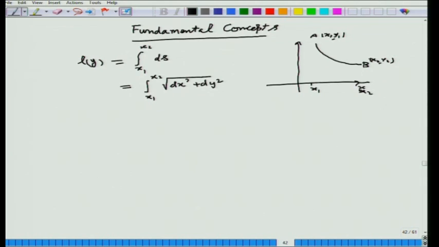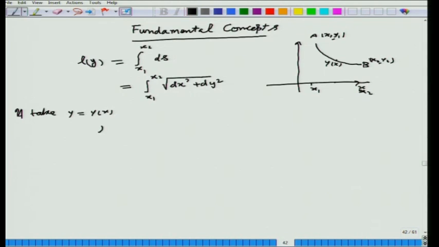Now, if we treat x as parameter and take y as a function of x, so this is y of x, for each x the point x comma y of x is on the curve, that is the graph of the curve.